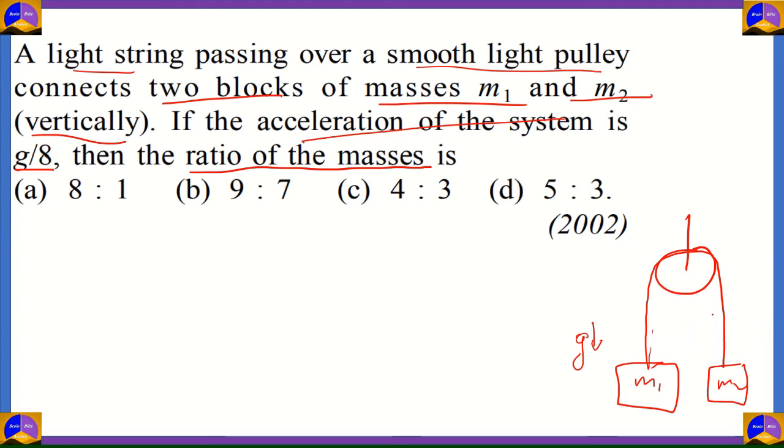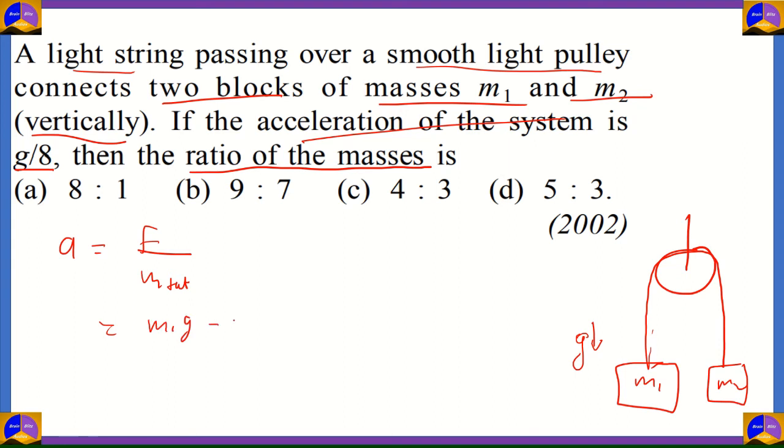So how do you find the ratio of the masses? We can use the formula for acceleration of the two masses. So the acceleration of the system will be F total divided by total mass. Here F total, the resultant force, is m1g minus m2g, because m2g is acting upwards.